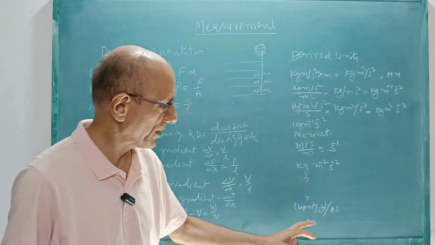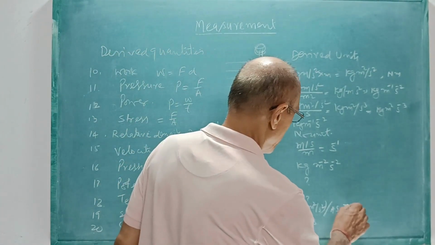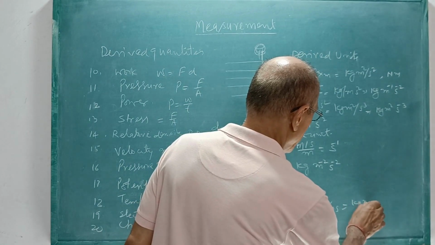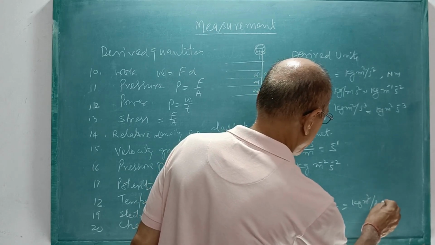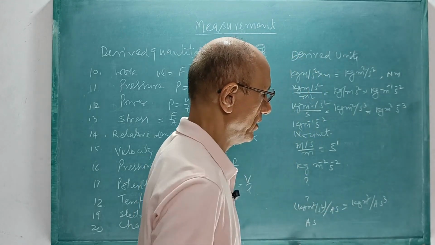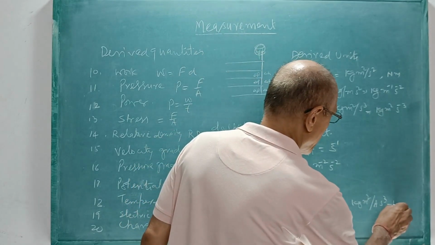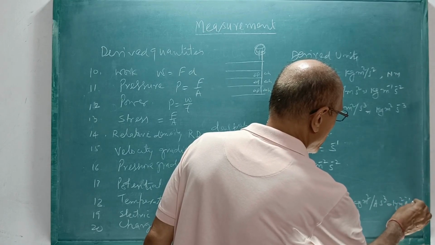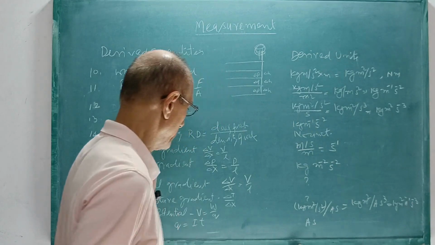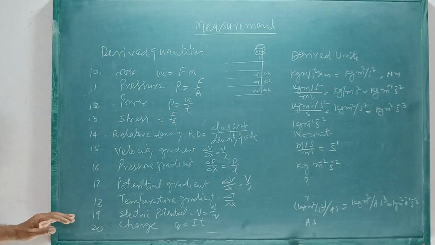Charge is ampere second. So here you get kg meter square per ampere second cube, or you can write it kg meter square A minus 1 second minus 3. Let us see once again.